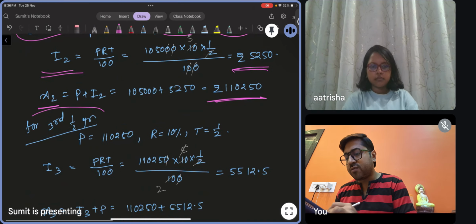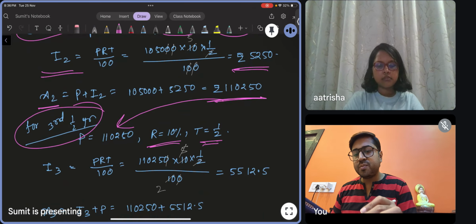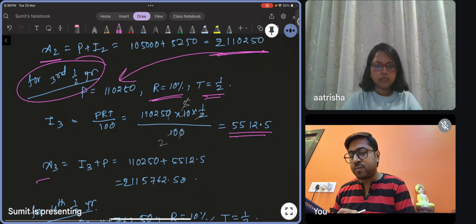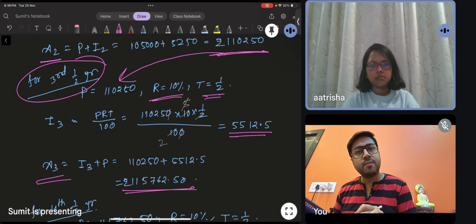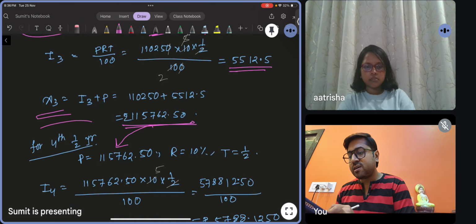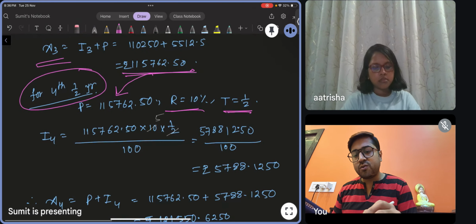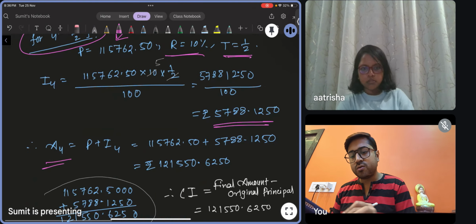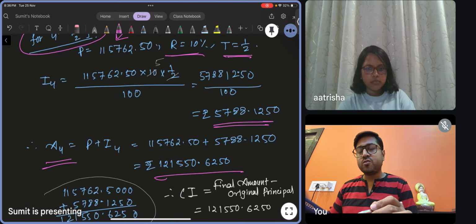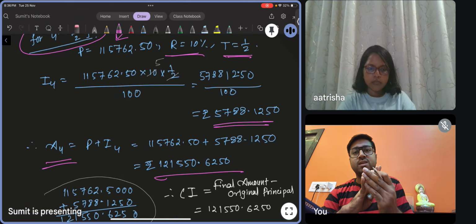So for third half year, this will be the principal, rate, time, I3, amount 3. Clear? Then this amount 3 will be the principal for the next half year, rate, time, I4, and then A4. Clear? So when you have got A4 means all the 4 parts are done.